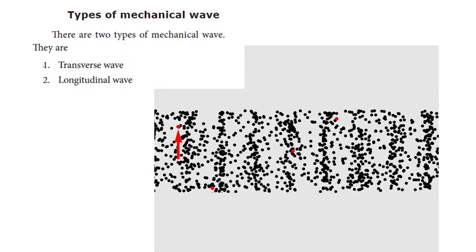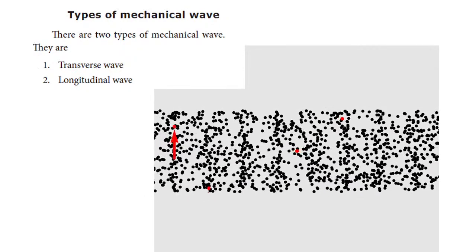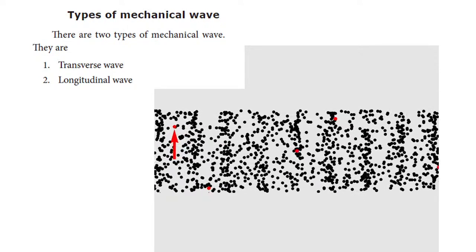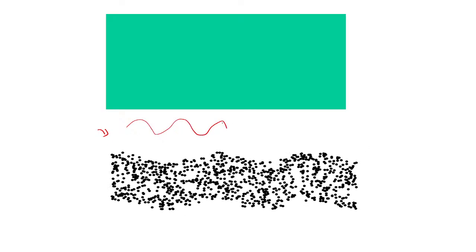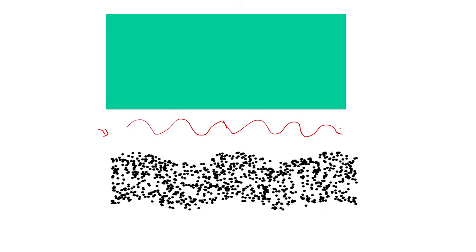So how many types of waves are there? Transverse wave and longitudinal wave. Let us understand the meaning of each in detail. Now look at the animation. What you can see is that the molecules are moving up and down, and it is generating a pattern like this. So what is happening to the molecules in a transverse wave?